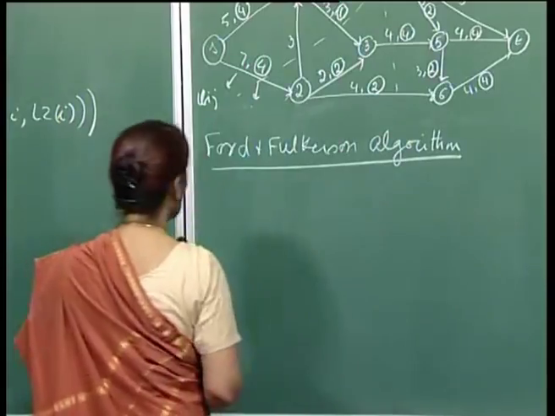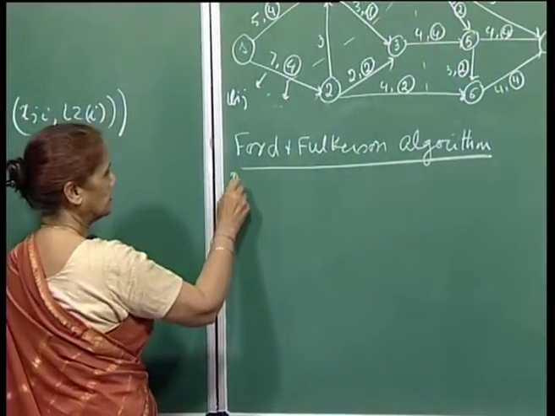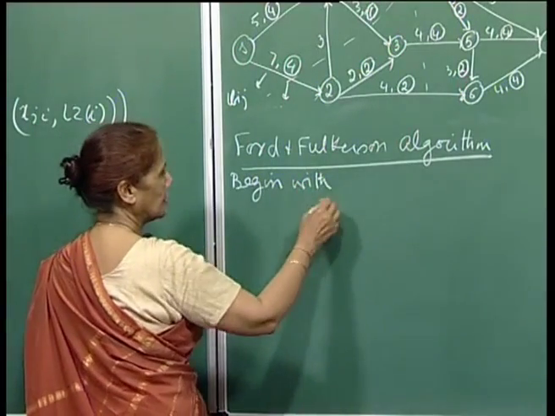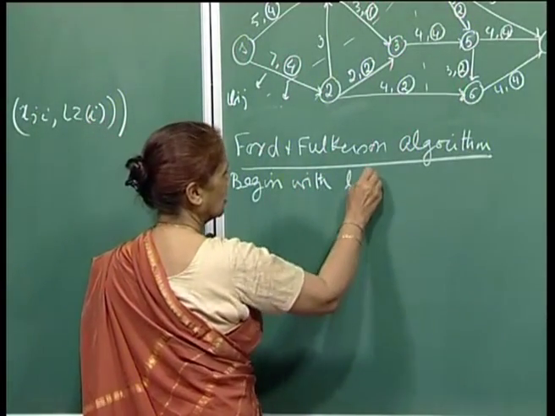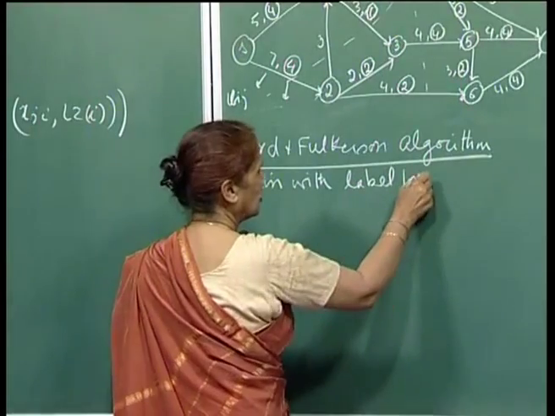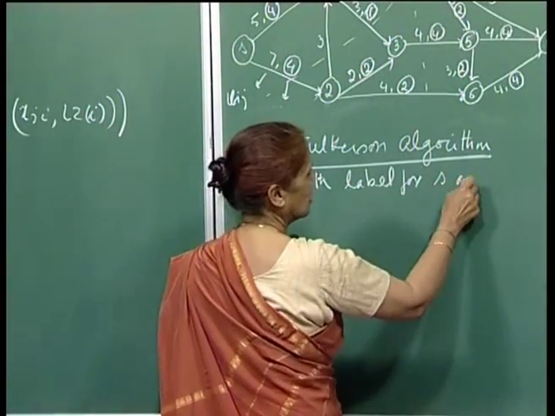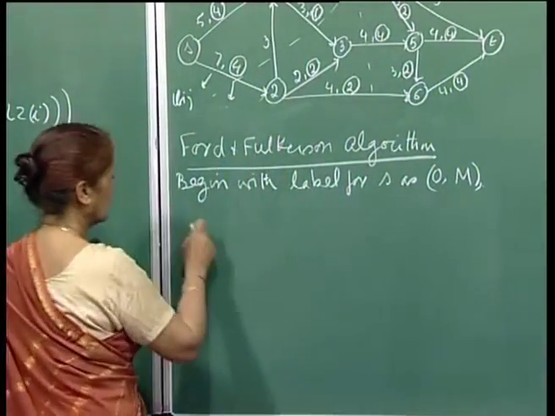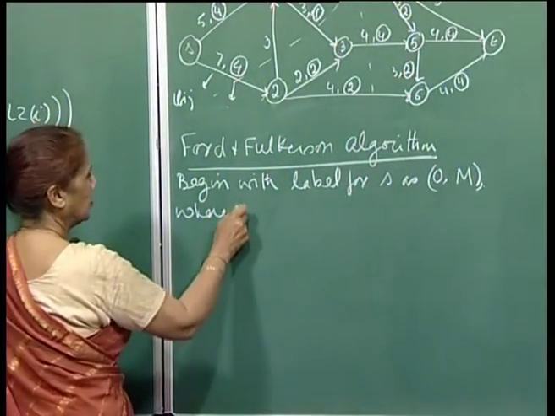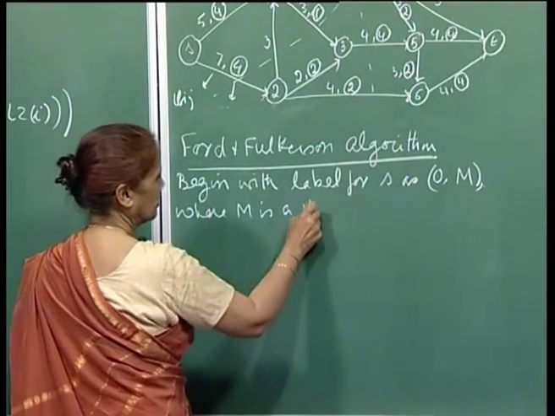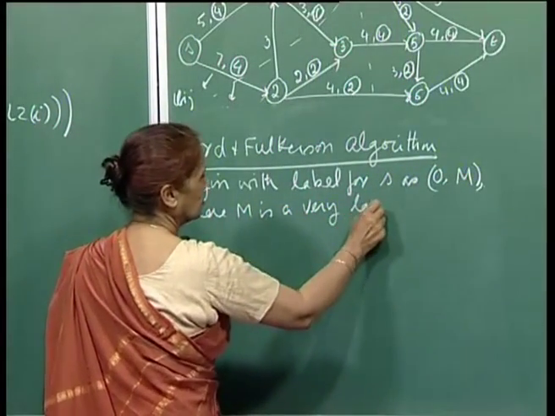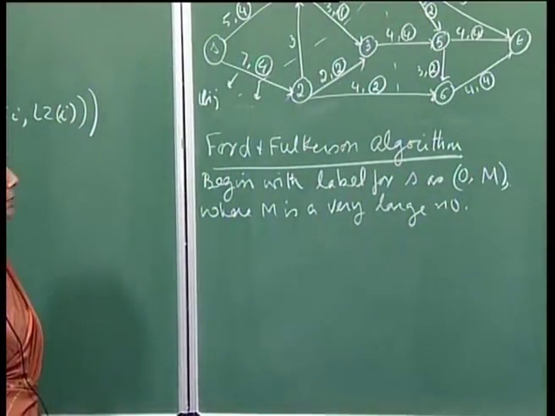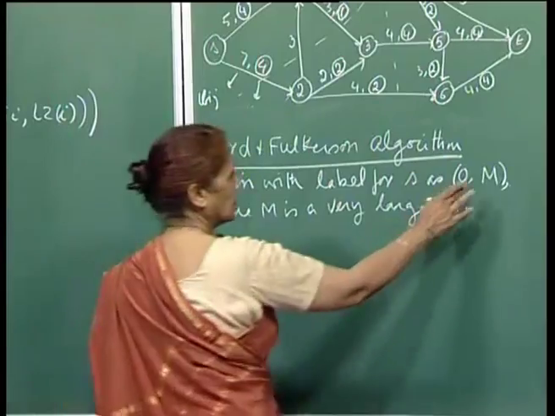So, we begin with the label for S as 0, m, where m is a very large number. We have no idea how much flow we will be able to send from S, so we will just leave it as 0, m.